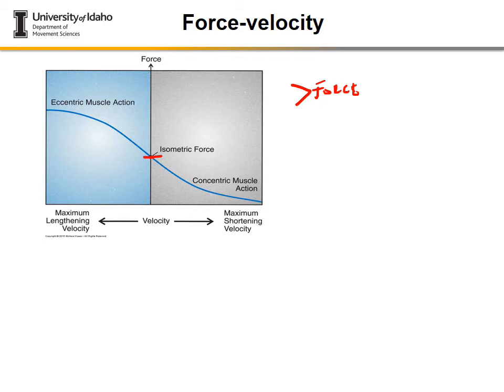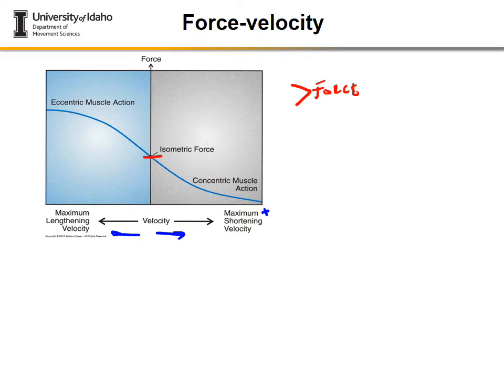And to take this further, as we move to the right or to the left in this graph, you'll see that there's an increasing velocity. Going to the right you're increasing the concentric, and lengthening is eccentric muscle action. So as the velocity increases, meaning how quickly the shortening or lengthening of the skeletal muscle and sarcomere is happening, what is the force being produced?